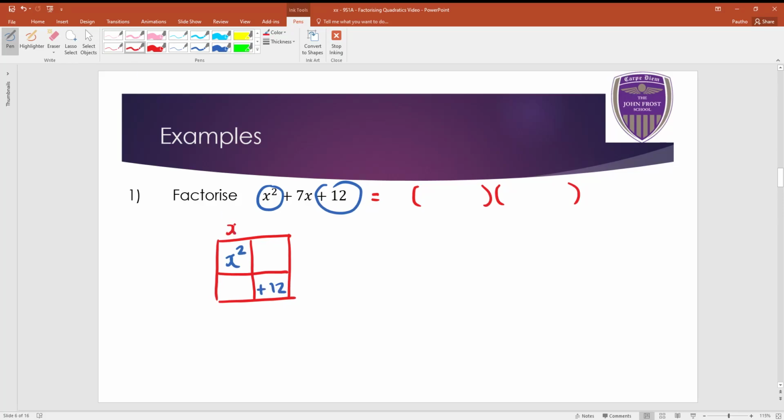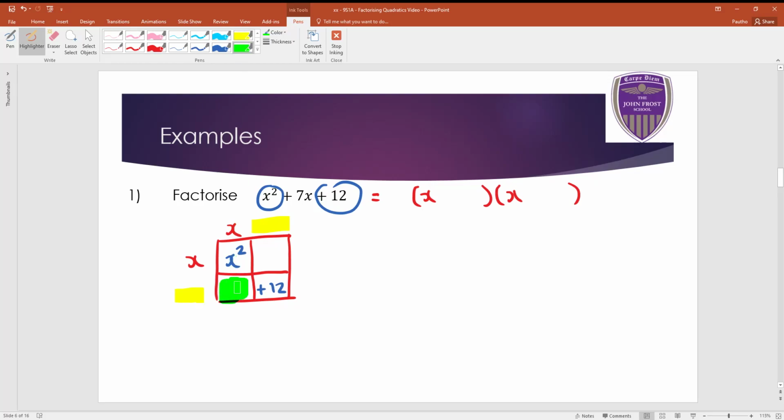I know I need x and x here to make the x squared. And then hopefully you started seeing patterns and realized that the number here and the number here have to multiply to make 12. These yellow numbers here have to times to make 12.